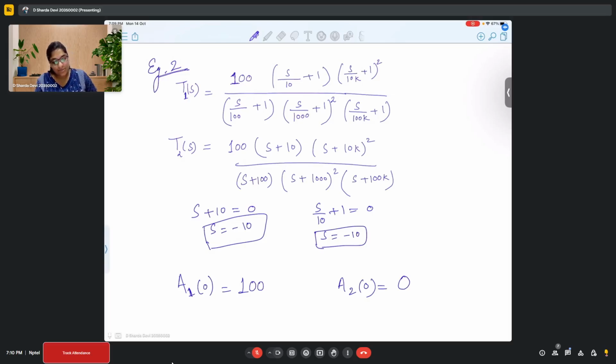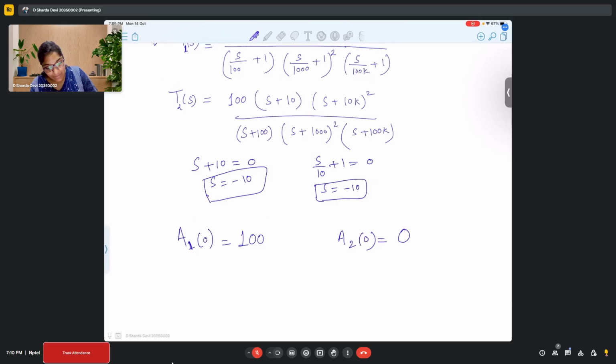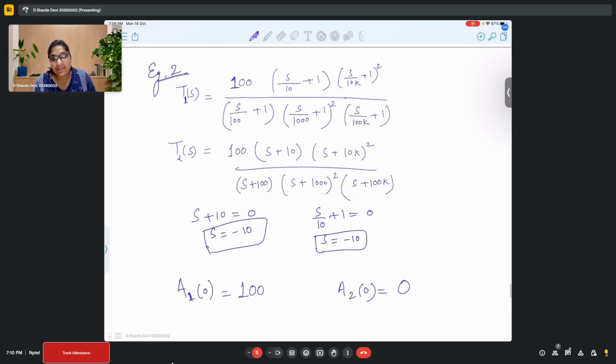Okay, so let's analyze. It is different, but what are the values? In the second, no, it's not 0. It's 100 by 100k square.